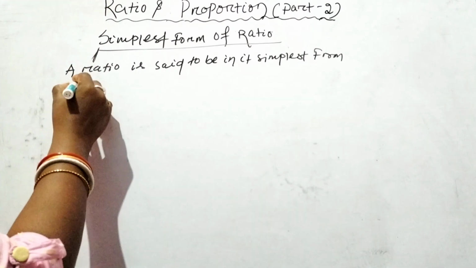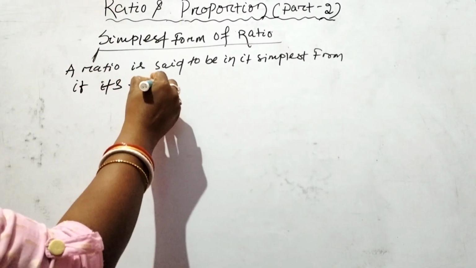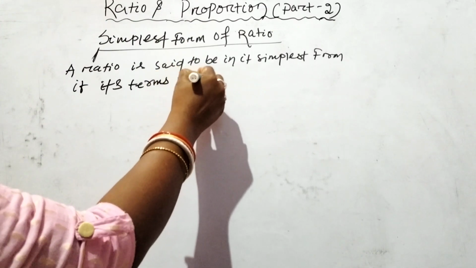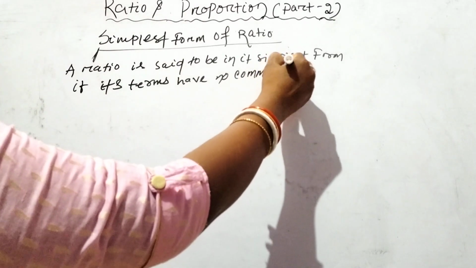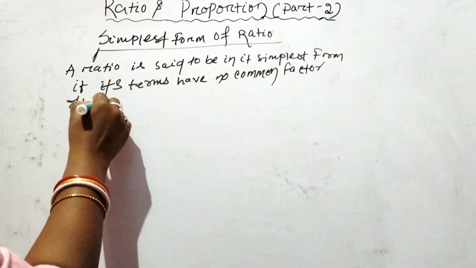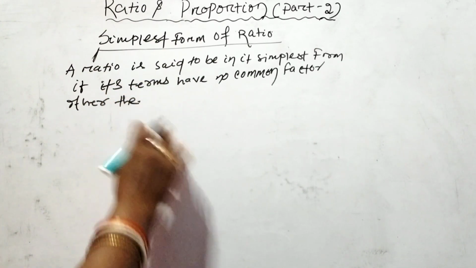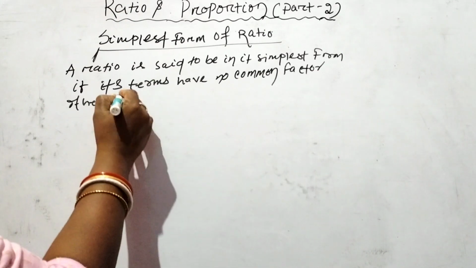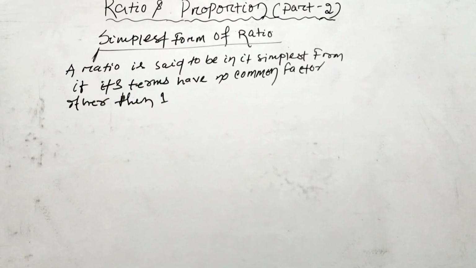If its two terms have no common factor other than 1, that means the two numbers are co-prime numbers, as you know.